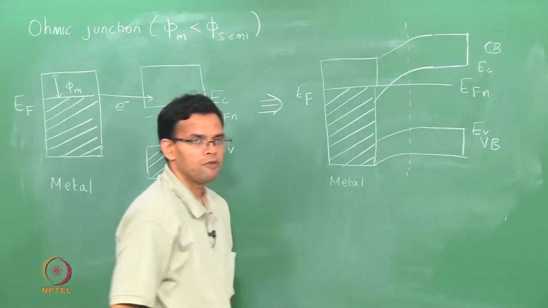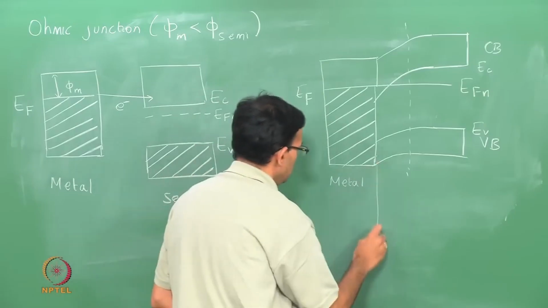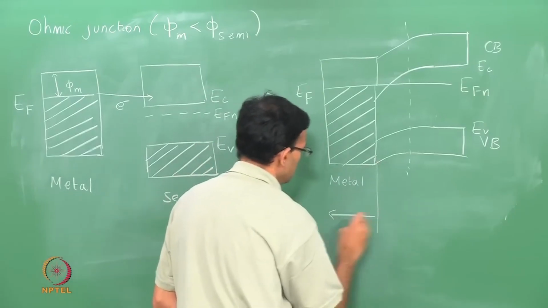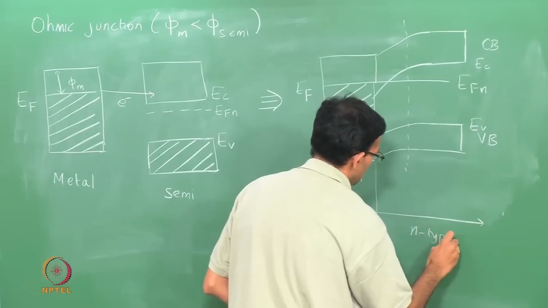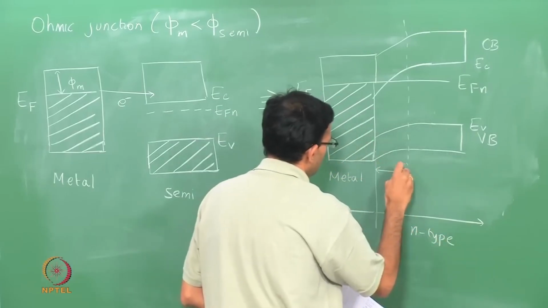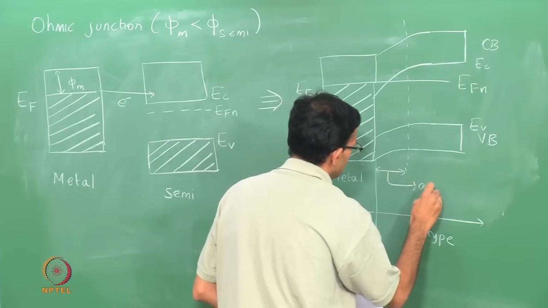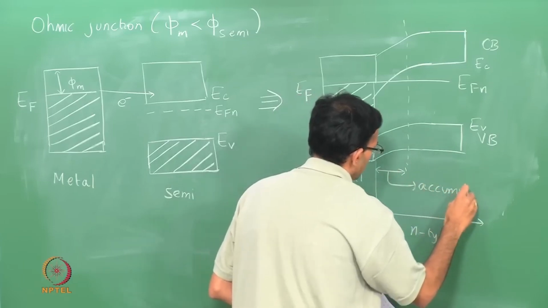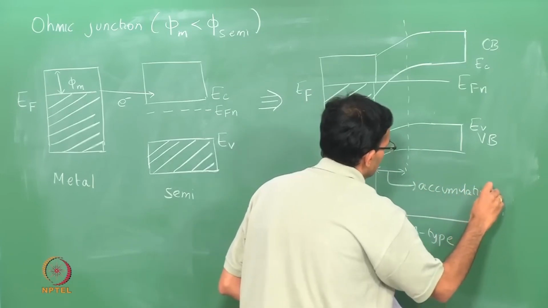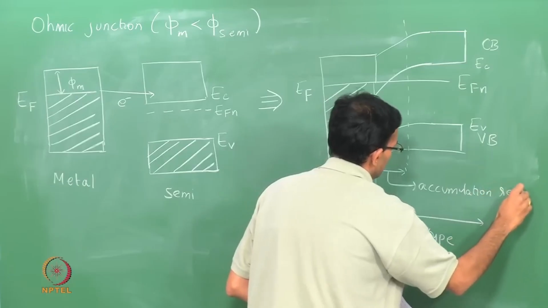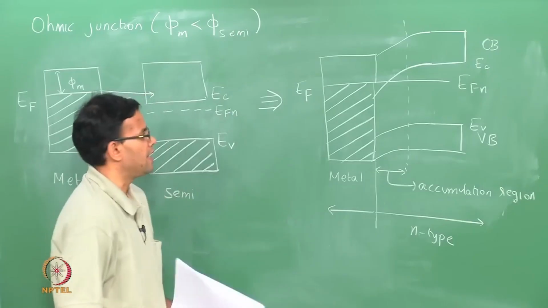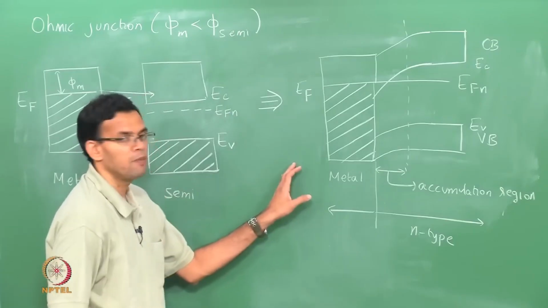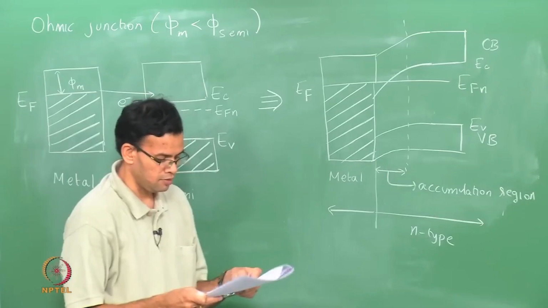So in the case of an ohmic junction, this is the metal, this is the n-type semiconductor, and you have an accumulation region. So, this is a region where excess electrons go from the metal to the semiconductor.